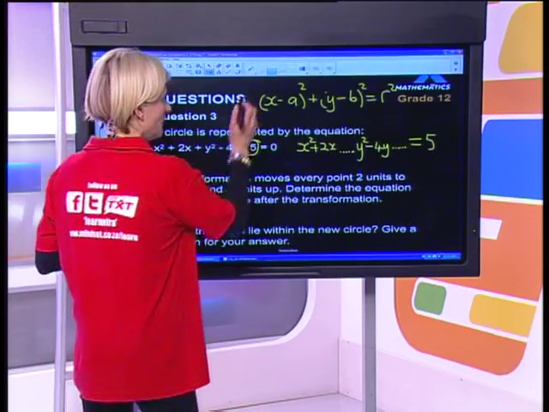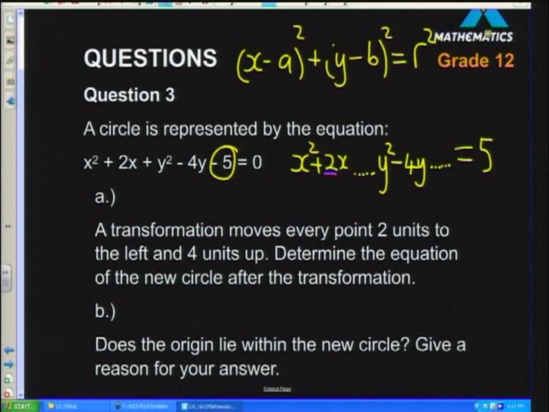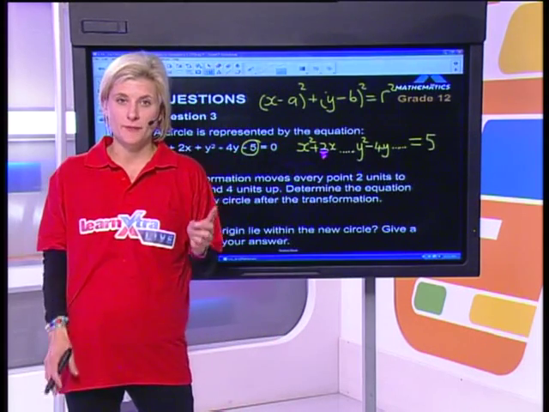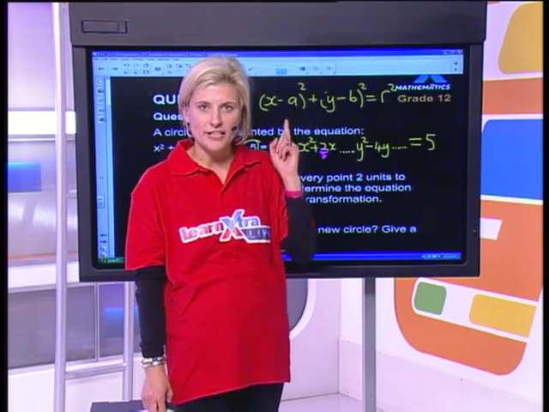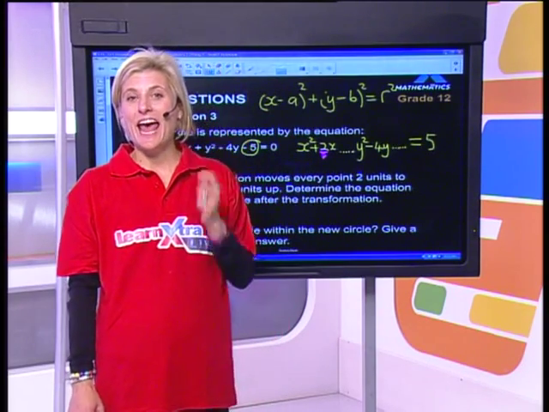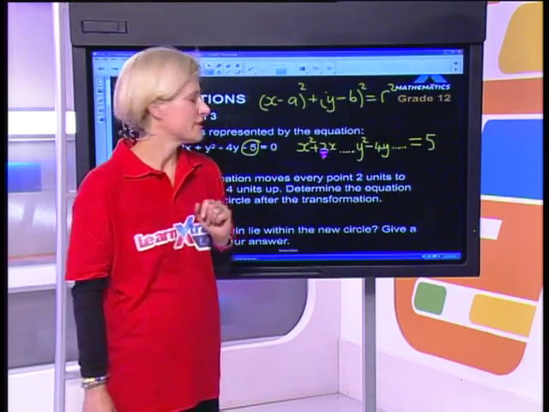Right, now I'm going to start with the x's, and I look at the coefficient of x. That is the number that stands in front of x. The coefficient of x in this case is 2. I'm now going to halve that coefficient, then I'm going to square it, and then I'm going to add it to both sides. So that's half, square, and add to both sides.